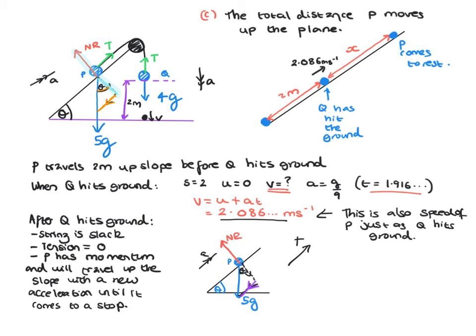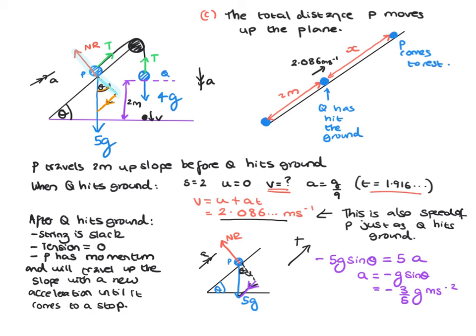So when we apply F equals ma, the only contribution to the resultant force is minus 5g sine theta, and this is equal to m, which is 5, multiplied by the acceleration. So the acceleration is now clearly equal to minus g sine theta. But of course, we know that sine theta is equal to 3/5, so the acceleration is minus 3/5 g.